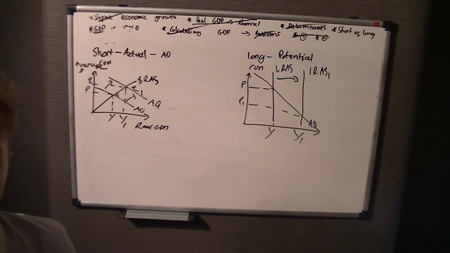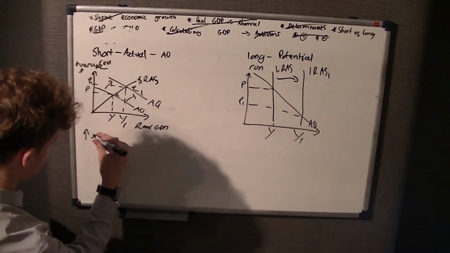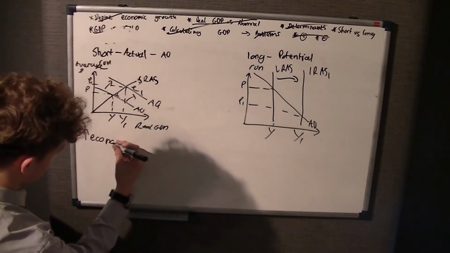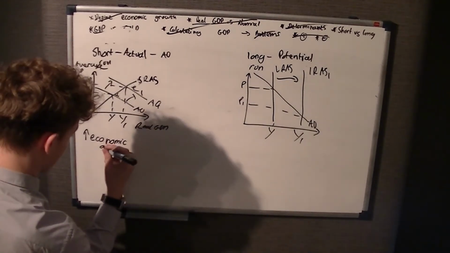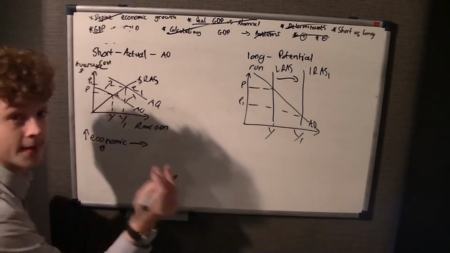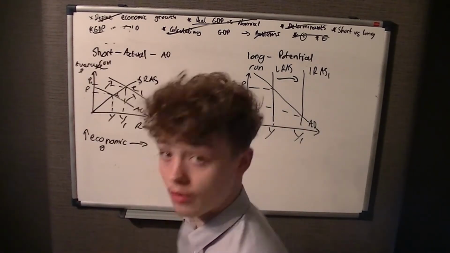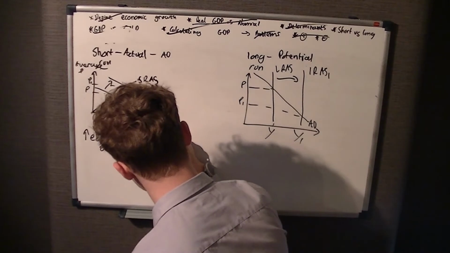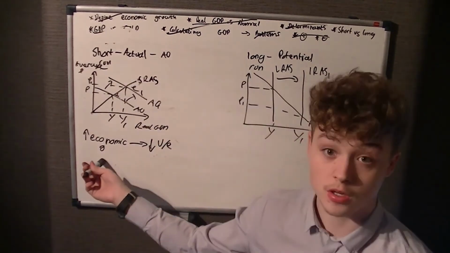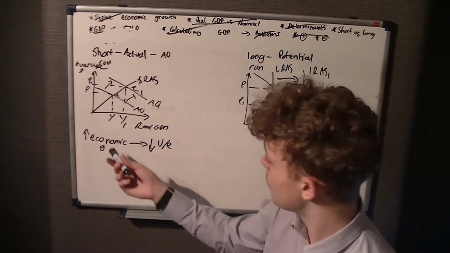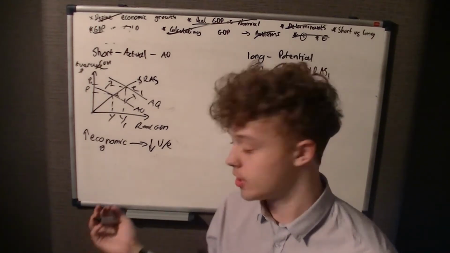So let's do short run economic growth. Obviously we've got an increase in economic growth. Just go with me on that one. So increase in economic growth, and obviously that should mean a decrease in unemployment. You can label economic growth on your essay from Y to Y1, and unemployment, you can just say that.